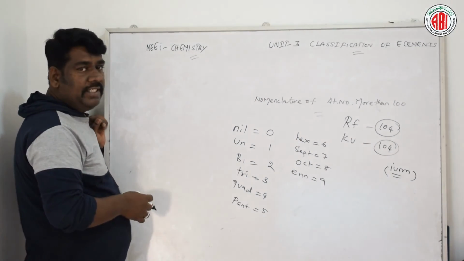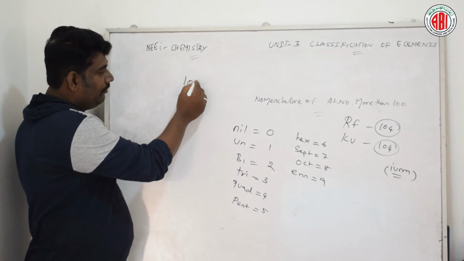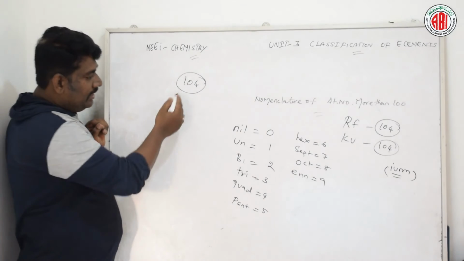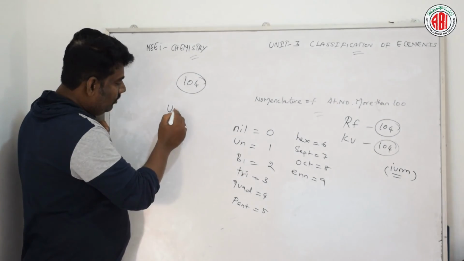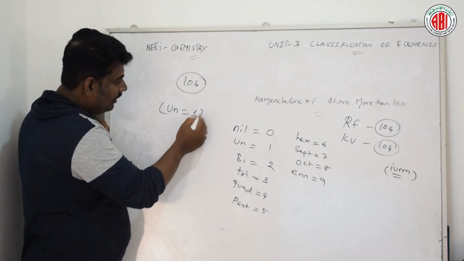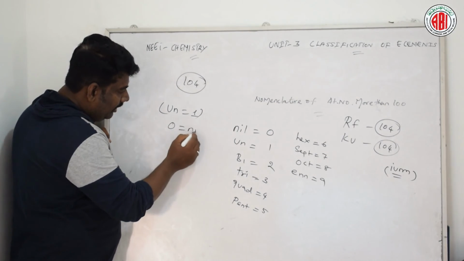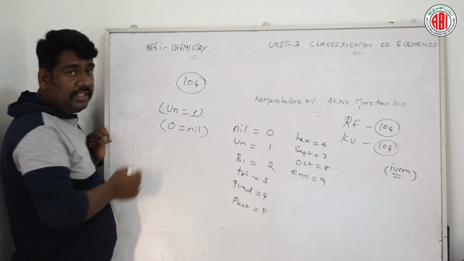Let us take one example, atomic number 104. In this 104, 1 stands for un, 0 stands for nil, and 4 stands for quad.